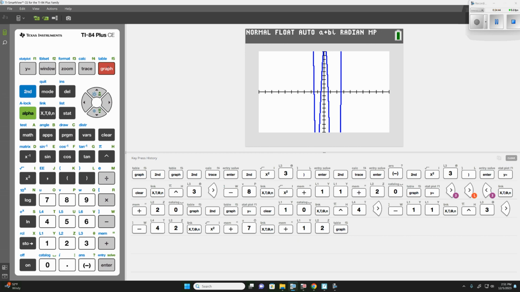So I would go on and graph this. And if we look at the graph here, we can see that it does cross the x-axis in 4 locations. So we do have 4 solutions.